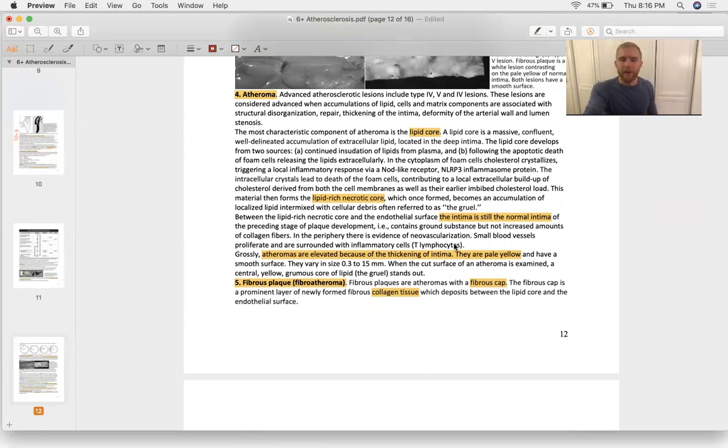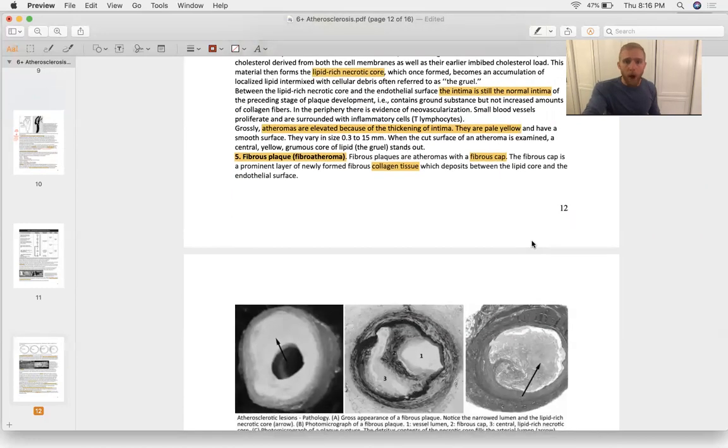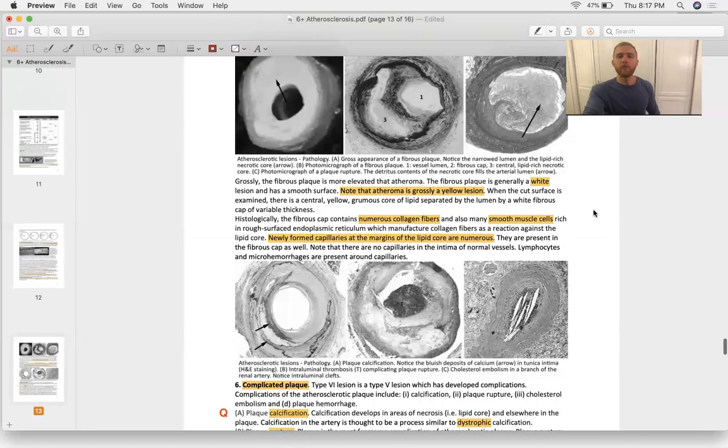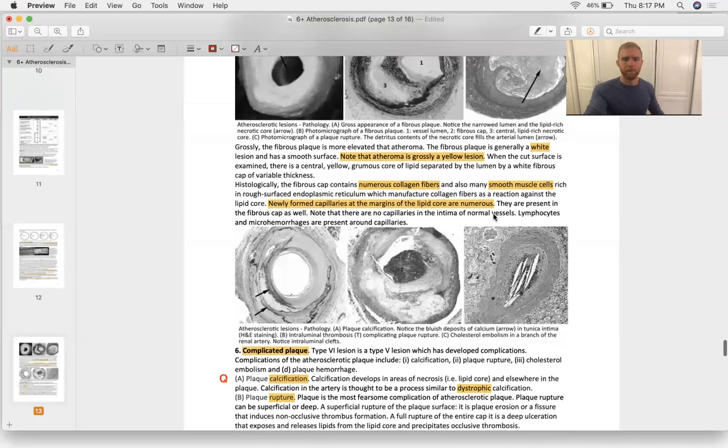That's how you make the diagnosis of that versus a fibroatheroma, which is going to be white in color due to the fibrous cap and collagen tissue expressed immediately on the surface of the fibroatheroma. So we're going to see a white collagenous lesion with a smooth surface. Note again that atheroma is a yellow lesion, although both present as large bumps protruding into the lumen.